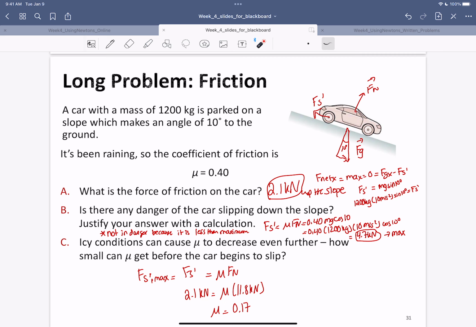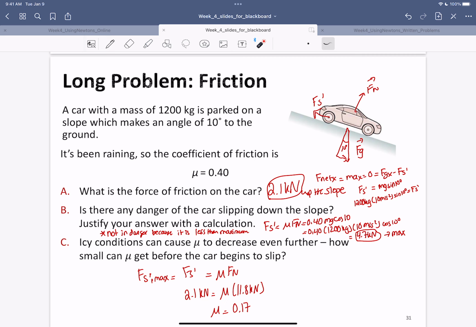If you have this thing parked on the road, or if you're moving on the road, and then it starts to snow, a layer of snow comes between the tires and the road, right? Well, that will start to decrease the coefficient of friction. So in that case, let's say you originally have that 2.1 kilonewtons, right? That's your maximum static friction force.